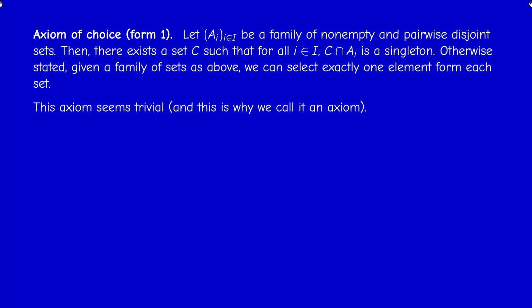Now, in this form, we don't know how to do this selection. So how do we select this element? We have so many choices if the collection is big. So this axiom gives no algorithm, if you like, or no procedure for the process of selection. It just states there exists, you can select, okay? But it doesn't tell us how we should do the selection.